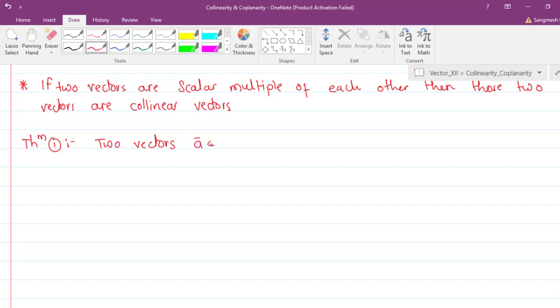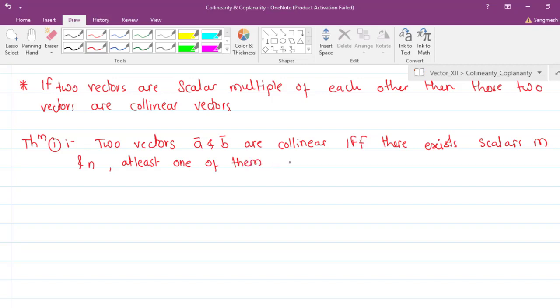Two vectors a bar and b bar are collinear if and only if there exist scalars m and n, at least one of them is non-zero, such that m a bar plus n b bar equal to 0.